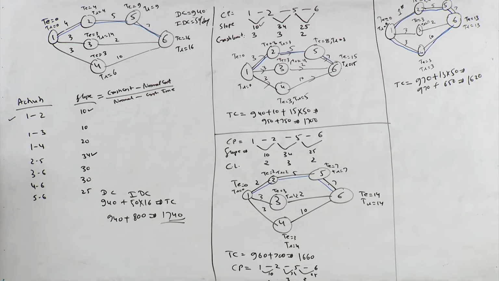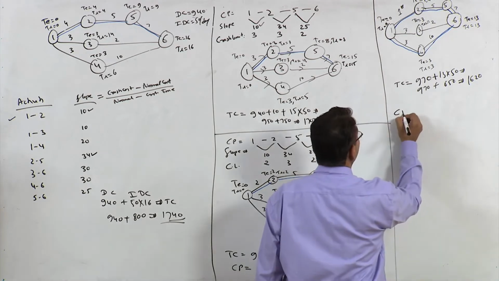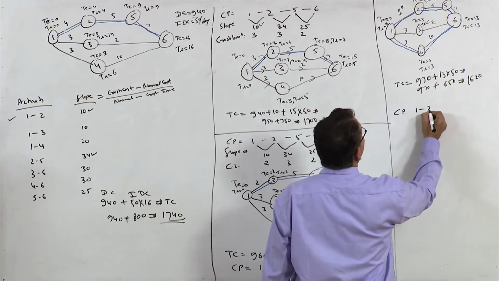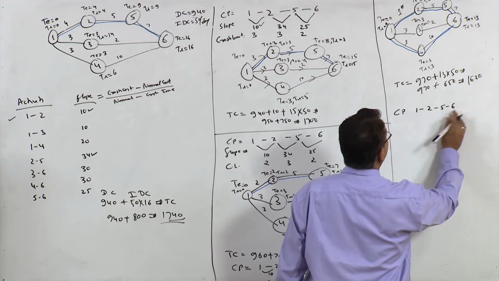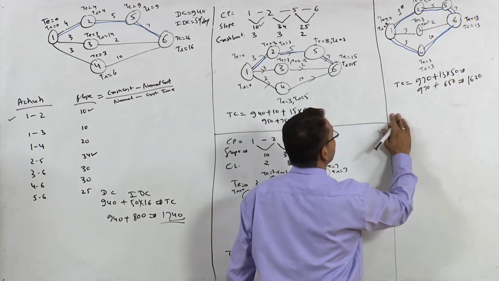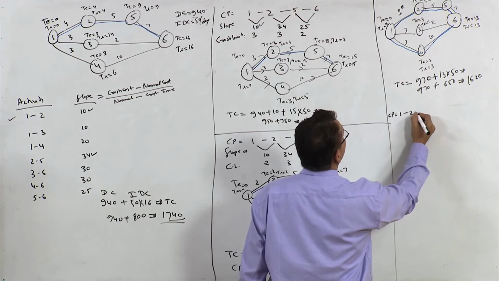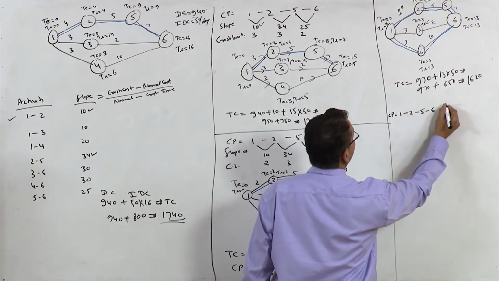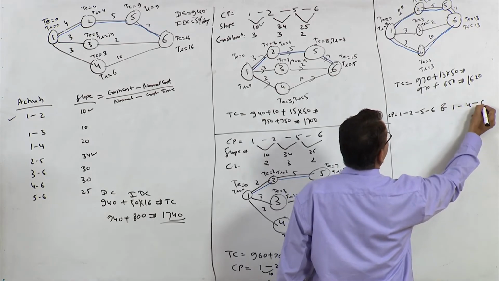Now you have got two critical paths. What to do now? So let us write the critical paths. You have got 1, 2, 5 and 6, right? So the critical path is 1, 2, 5, 6 and the second critical path is 1, 4 and 6.